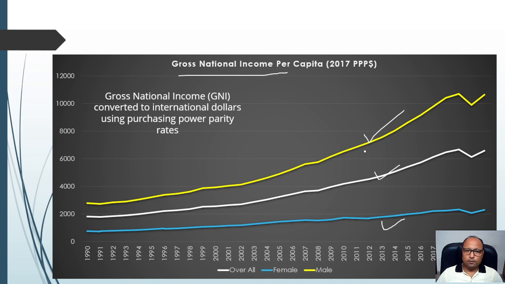So though the national income overall for India is increasing, for male that rate of increase is much faster than that of female. This is affecting the HDI for female, because this is an important component of HDI. This is what we call real income disparities between male and female, and these disparities are increasing over a period of time. So it's time for the government to take some policy action to work on this.